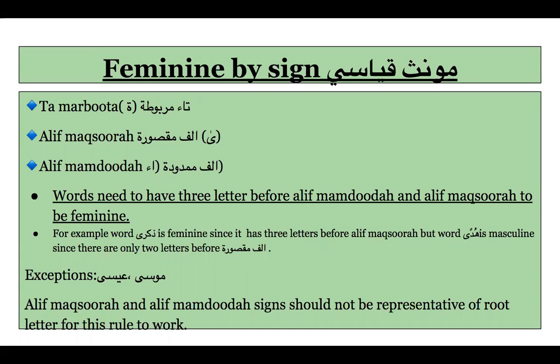Just by looking at the sign, you should be able to tell, inshallah. The most common signs for a word to be feminine are ta marbuta, the round ta, then alif maqsura, and the third sign is alif mamduda.